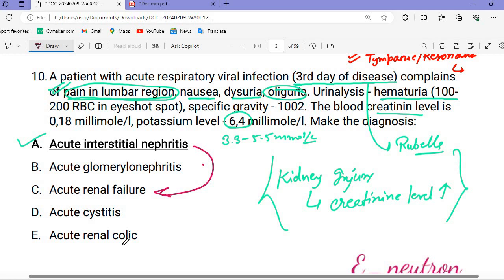Glomerulonephritis, I just told you, there can be the specific gravity. Specific gravity is normal, that I need to check again. I think it's around this only.